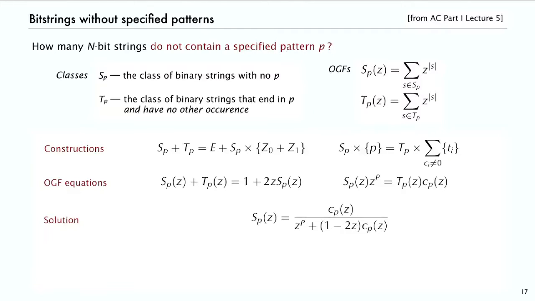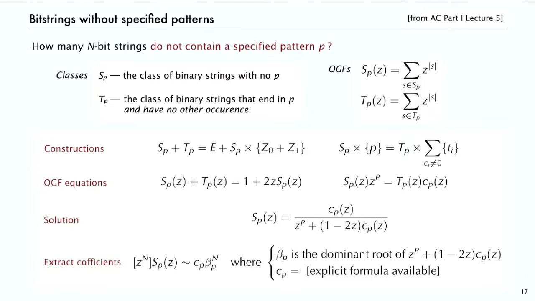Solving those equations, we get an explicit solution for the class of binary strings that do not contain a given pattern: a very simple rational generating function, the ratio of two polynomials.